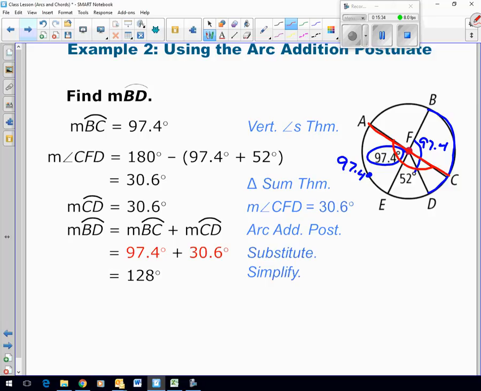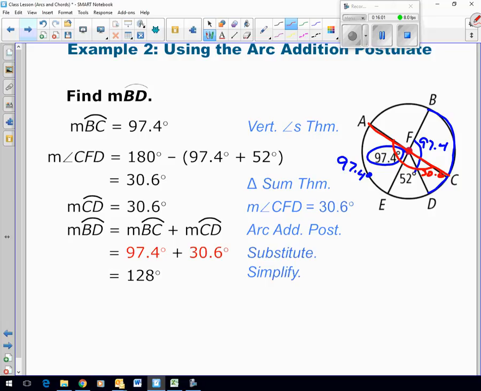If it's a flat line, then you just take 180. You're right, it would be zero the way I phrased the question. 97.4 plus... What I want to know is what this angle would be down here. This angle measurement is 180 minus 97.4 minus 52, and that's 30.6.